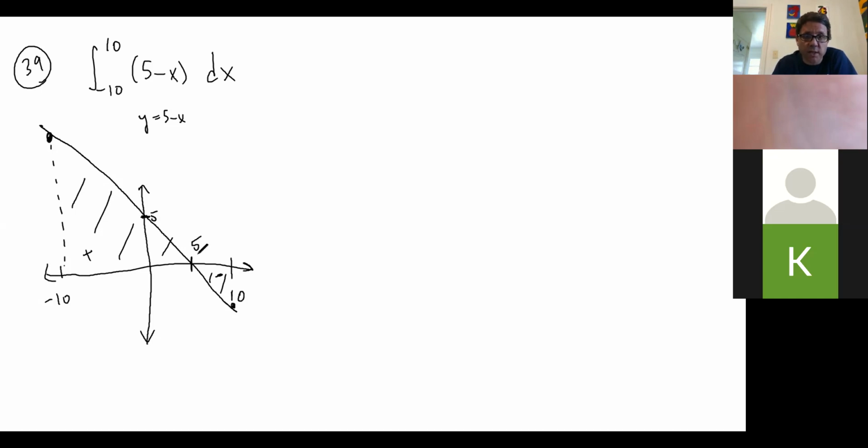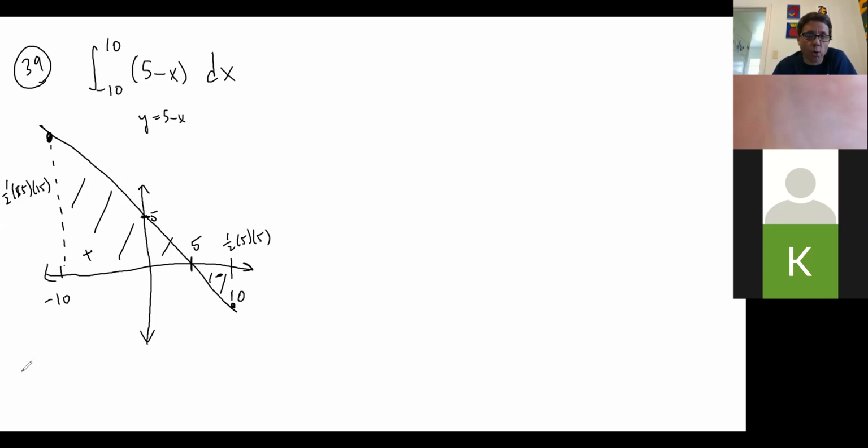This big triangle here is 15 wide and 15 tall, so that area would be 1/2 of 15 times 15. This one down here is 5 over and 5 down, so that area would be 1/2 of 5 times 5.